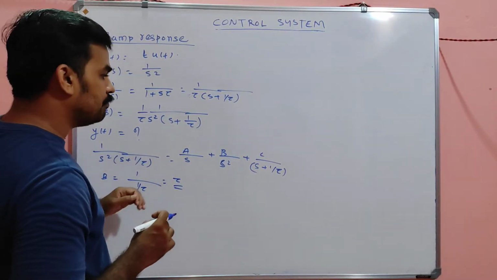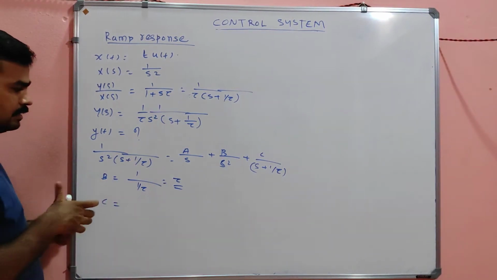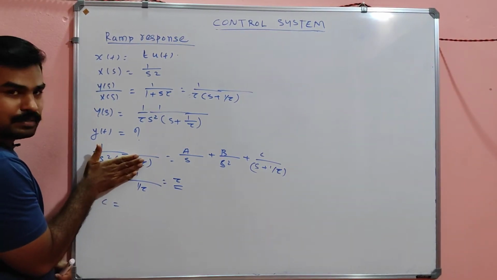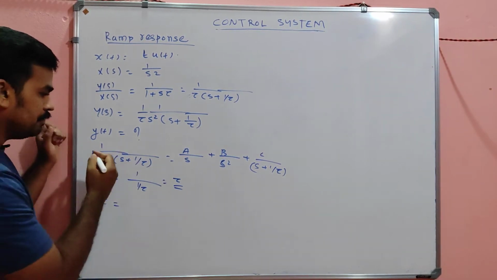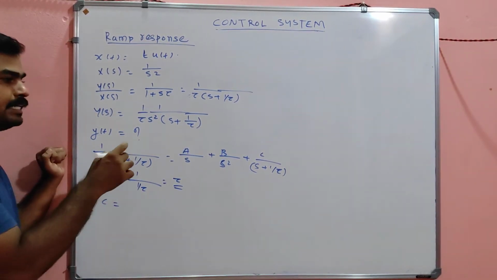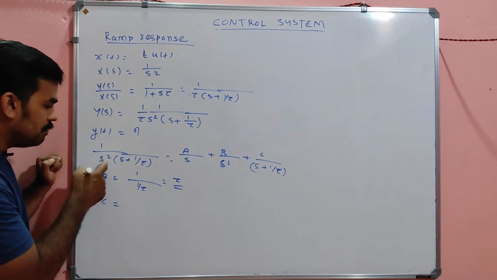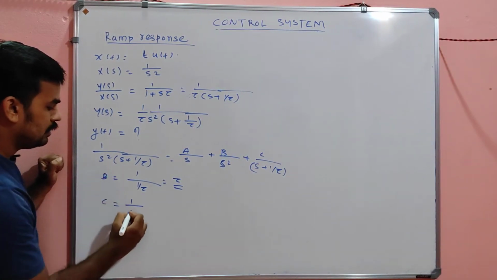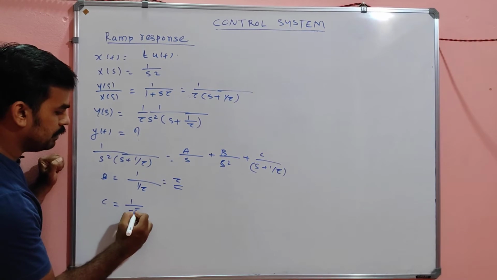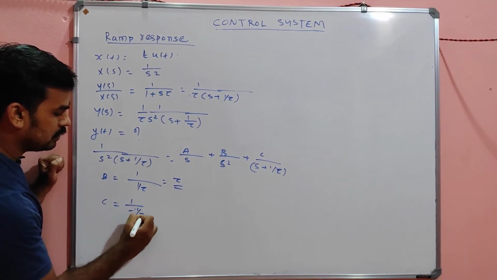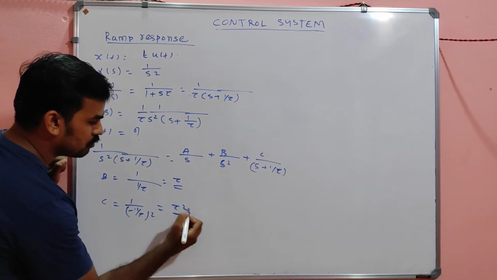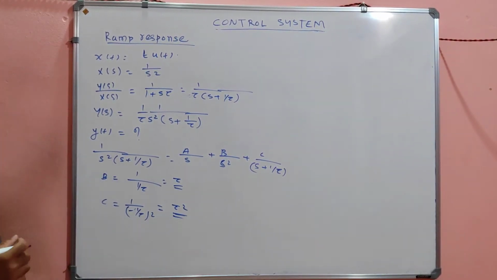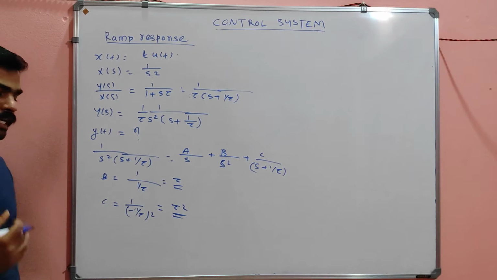C again you have to find by covering up the term s plus 1 by tau and substituting s equal to minus 1 by tau in the remaining equation. So it will become 1 by minus 1 by tau the whole square, correct? So it will be simply tau square. So you got the value of b and you got the value of c.